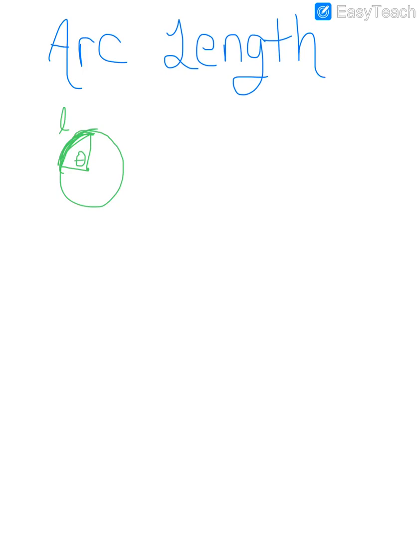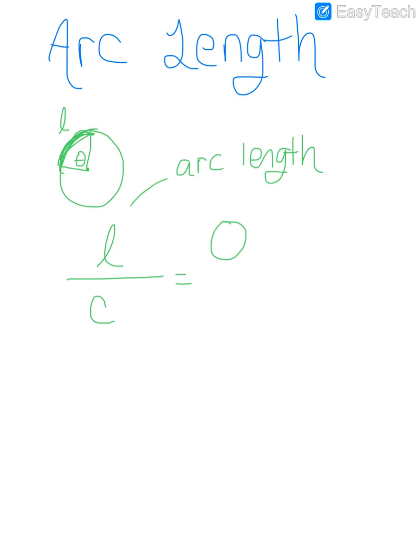So we're going to use a proportion, and we're going to say that the length of the arc, so this is arc length, over the total circumference, C, is equal to whatever that angle measure is, over the total degrees in a circle, which is 360.